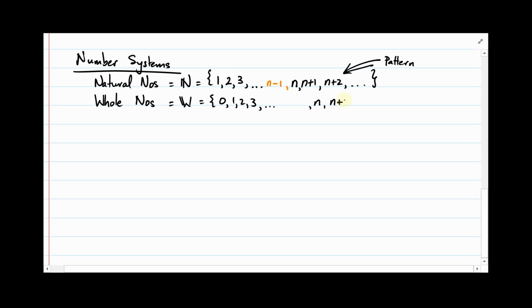How do I get to the next one? It would be add 1 to get 24 and so on. So N plus 1, N plus 2. It's the same pattern as the natural numbers, but just with a different starting point. If I should go in front, of course, then we would have N minus 1.